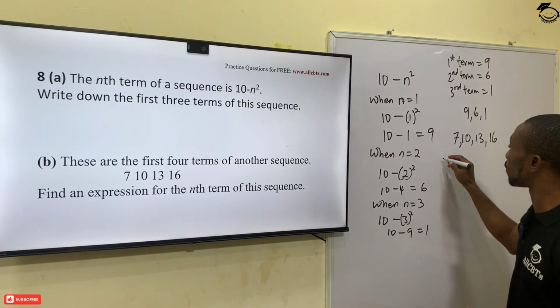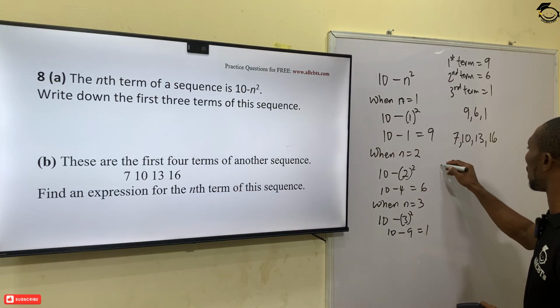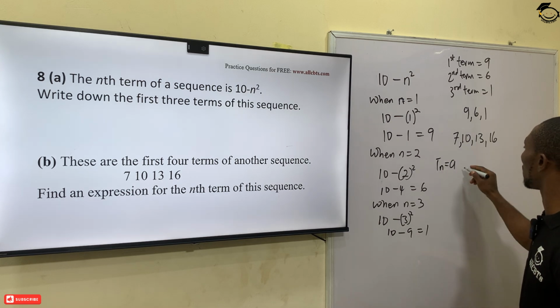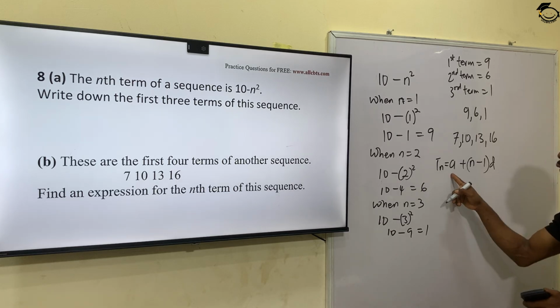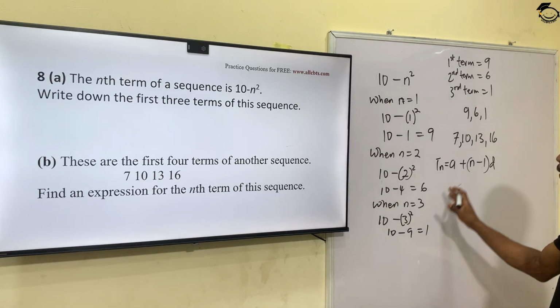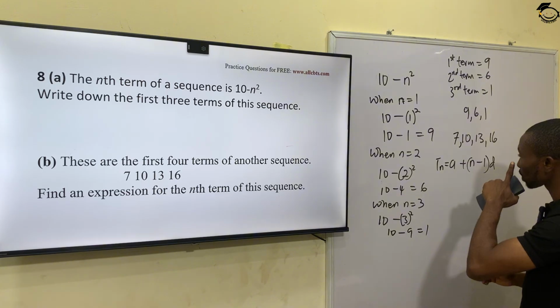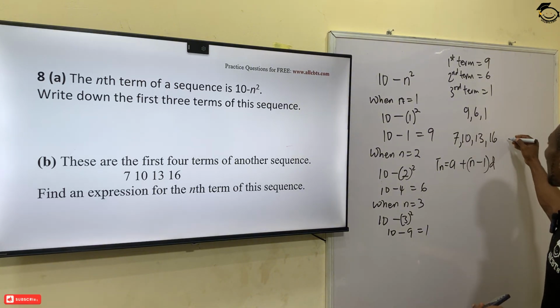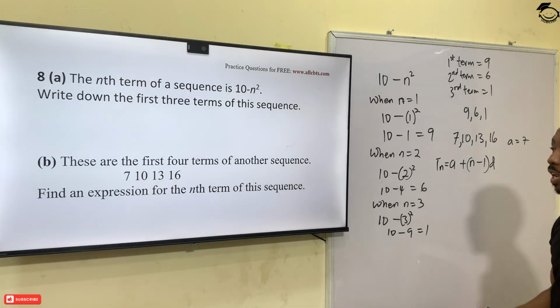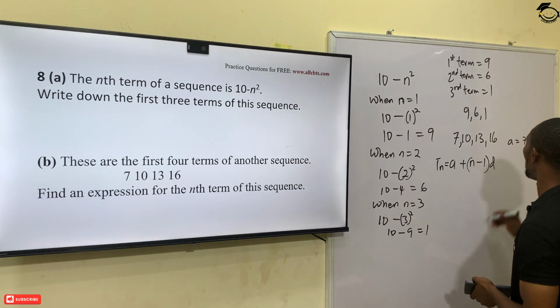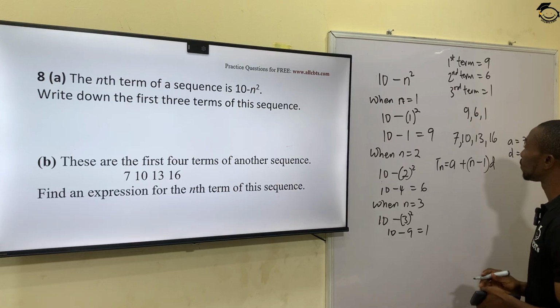The general formula is Tn equals a plus (n minus 1)d. Where a is the first term of the sequence, in this case 7, n is the number of terms, and d is the common difference.